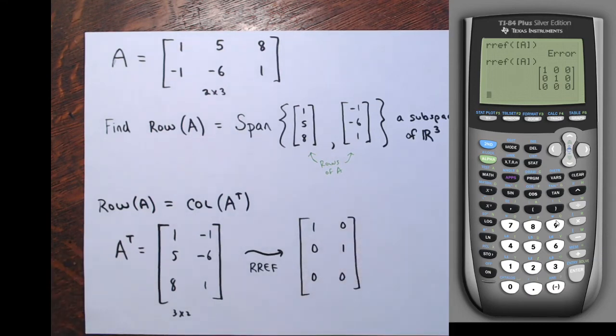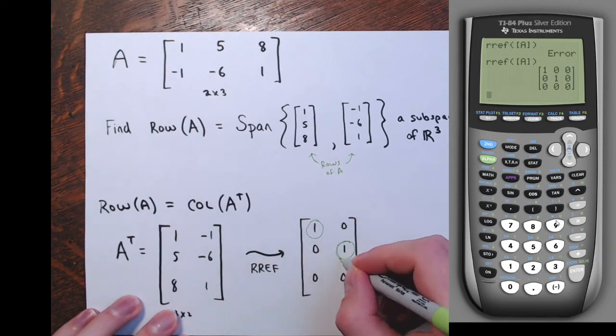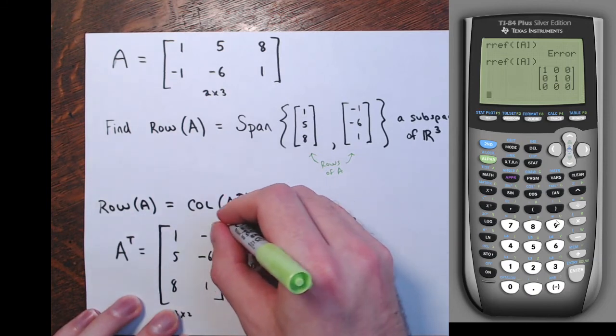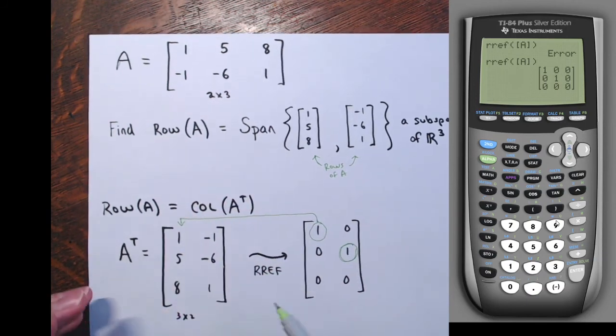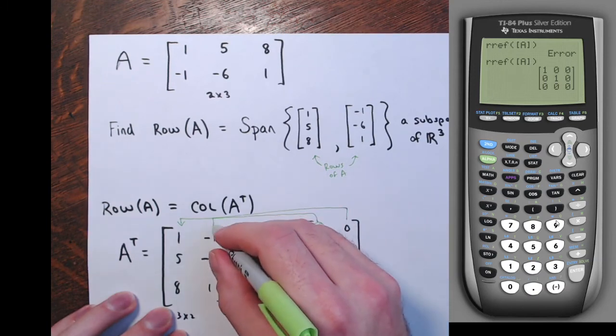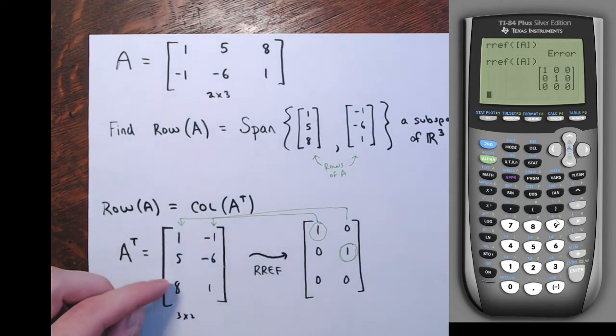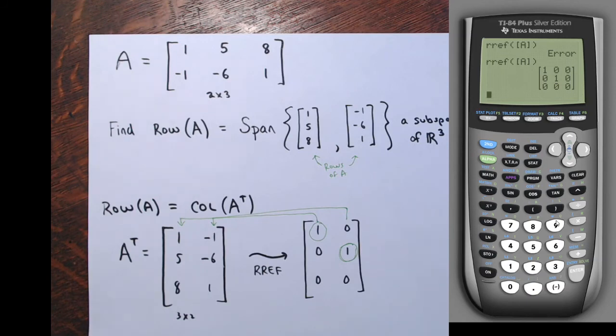And look for my pivot columns. The first column is a pivot column, the second column has a pivot. So that means the first column of the original matrix is part of a basis, and the second column also. So this set with 1, 5, 8 and -1, -6, 1 is a basis for this row space, or you could also say the column space of the transpose.